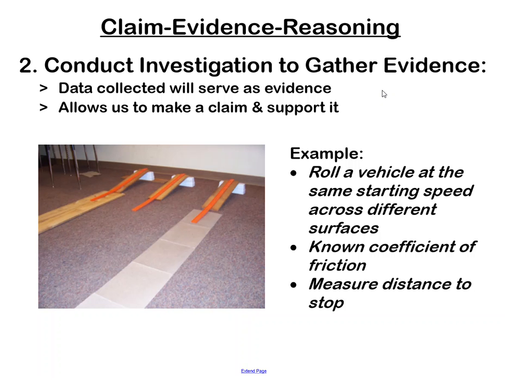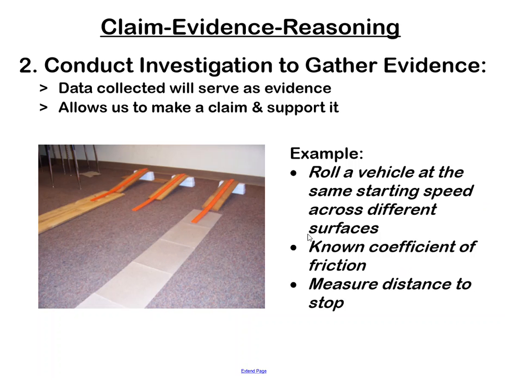Okay, so here in this example, since we're trying to figure out how the coefficient of friction or friction affects stopping distance, let's say we set up a lab that looks kind of like this, right? We roll like a marble or a car down the ramps that are the same height, and we do it onto 3 different surfaces. So it looks like wood and the carpet, and then maybe paper, something like that.